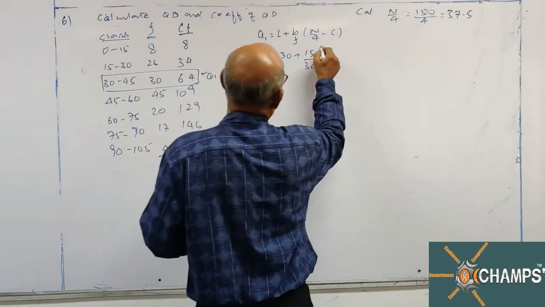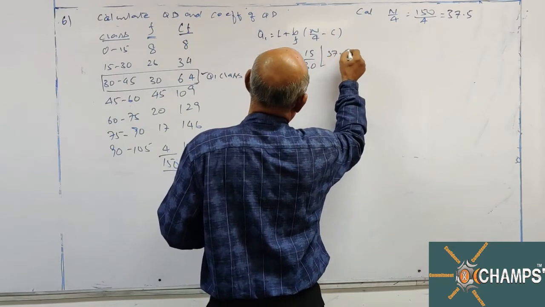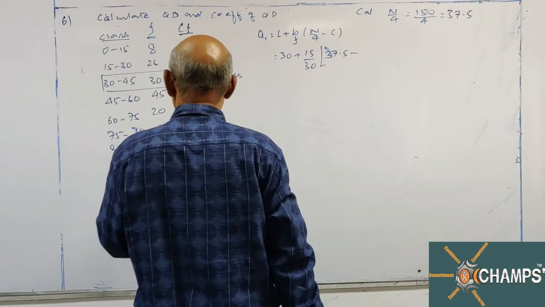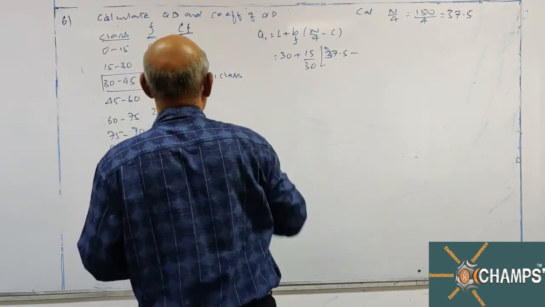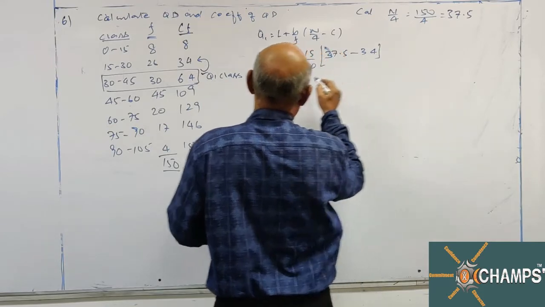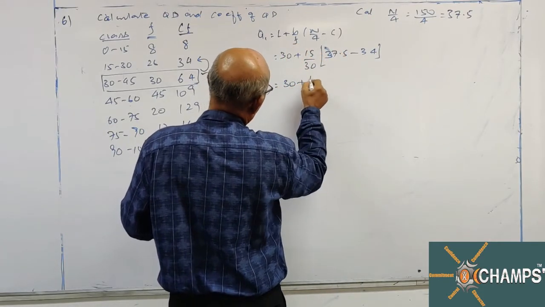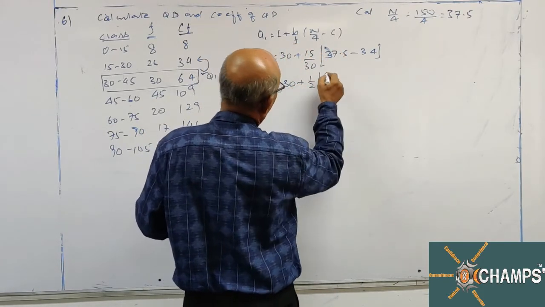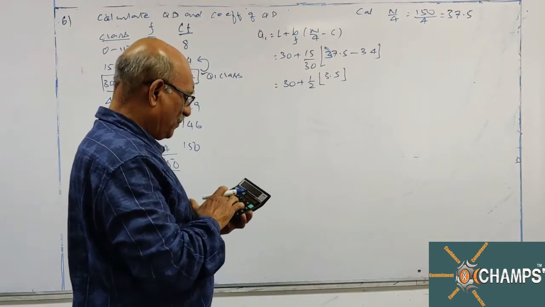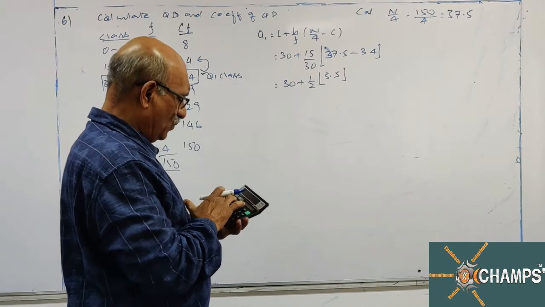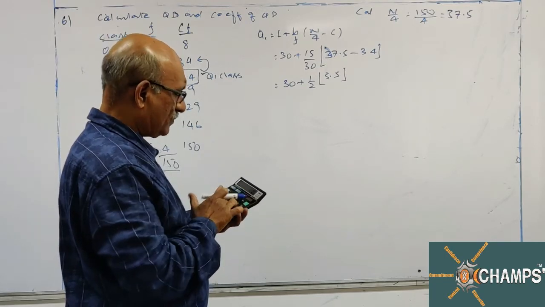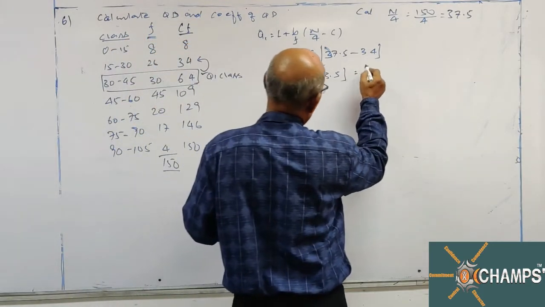Frequency 30. n by 4 is 37.5, minus C, cumulative frequency preceding to Q1 class, this is 34. 30 plus 15 by 30 into 3.5. This is 3.5 divided by 2, 1.75 plus 30, 31.75.